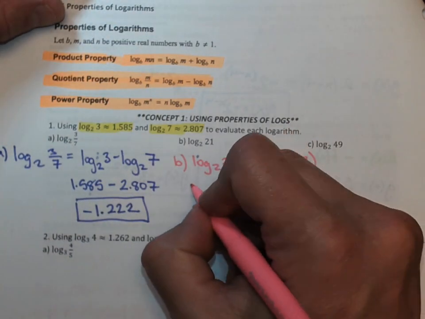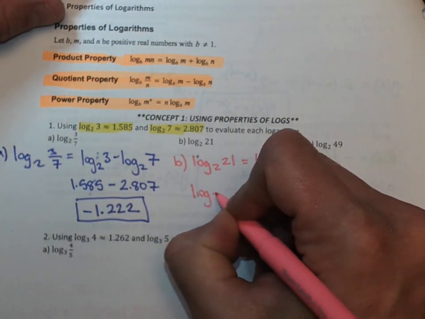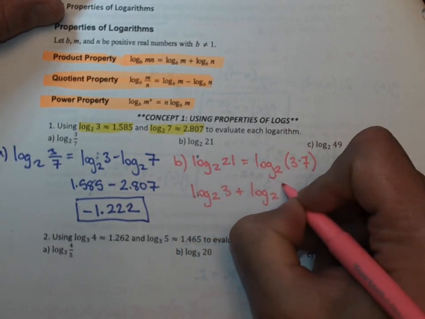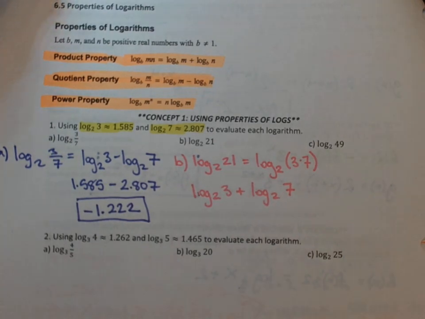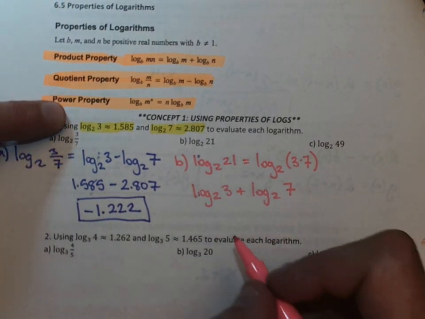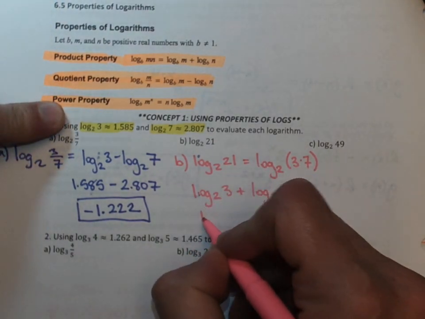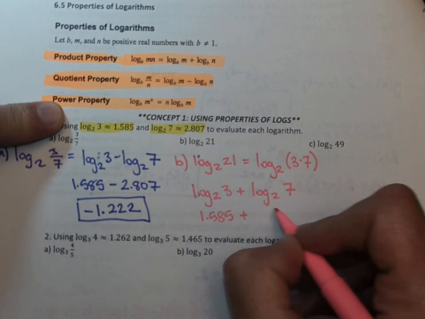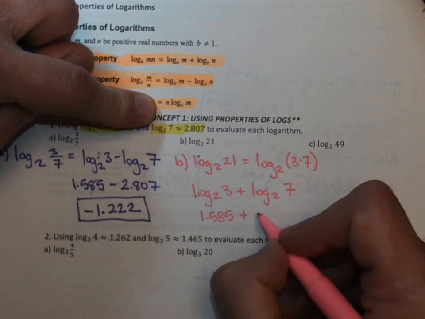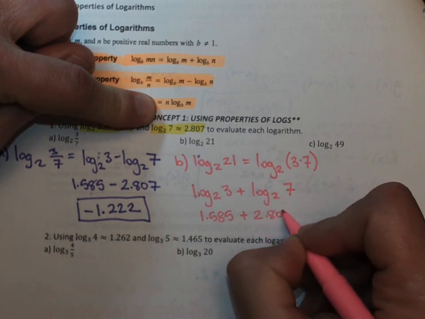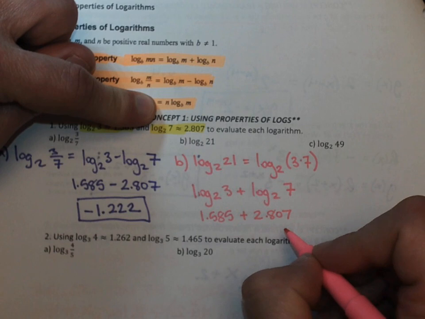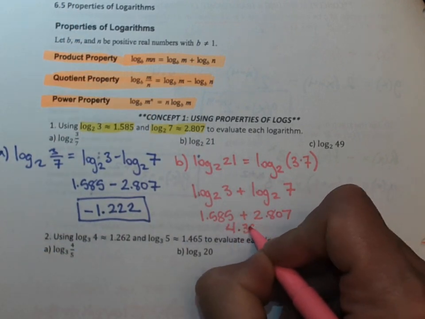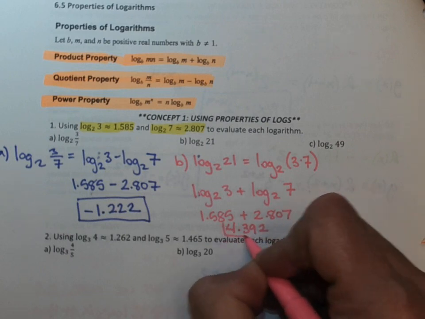So I expand it out with log base 2 of 3 plus log base 2 of 7. Alright, what's log base 2 of 3? Well, we already know that's 1.585 approximately. Plus, what's log base 2 of 7? Well, we know that. It's approximately 2.807. When I add those two up, I get 4.392.